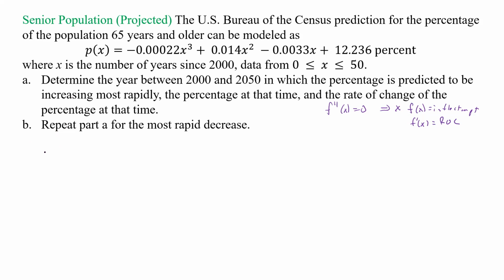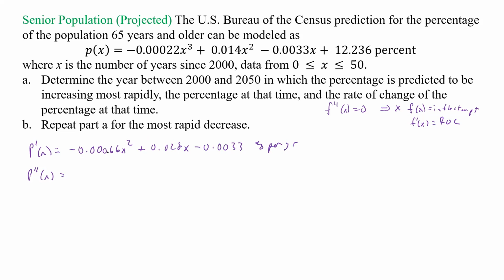All right, so what we need to do is find p prime of x and p double prime of x, first and second derivative. So now we're going to multiply here. 3 times that is going to give us negative 0.00066x squared plus 0.028x minus 0.0033. Okay, and that's going to be percent per year.